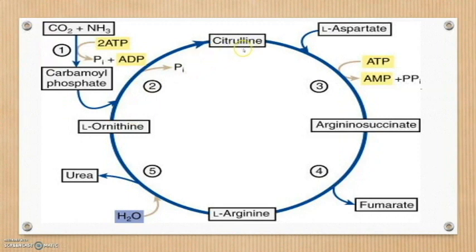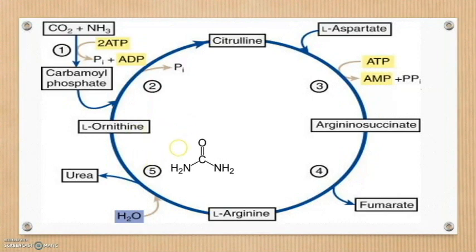After that, the citrulline will combine with aspartate to form argininosuccinate, and then it forms arginine. After that, H2O combines with the arginine, and then you will excrete the urea, and it will return to the origin, which is ornithine.